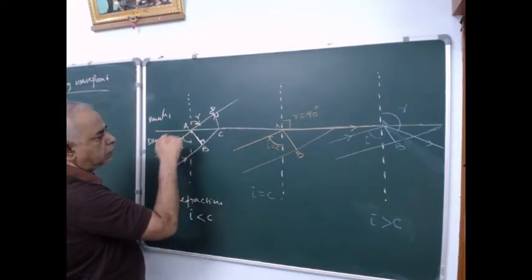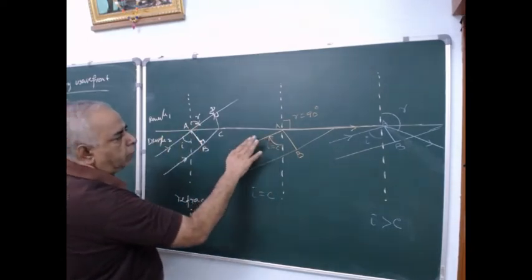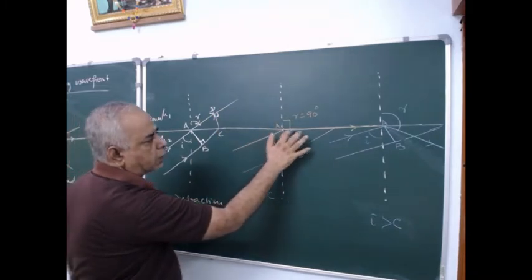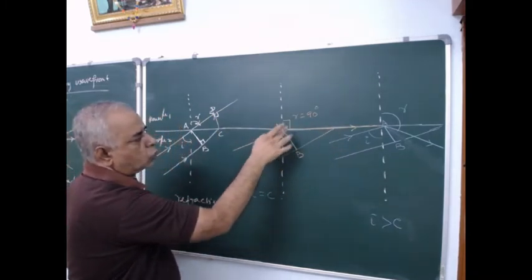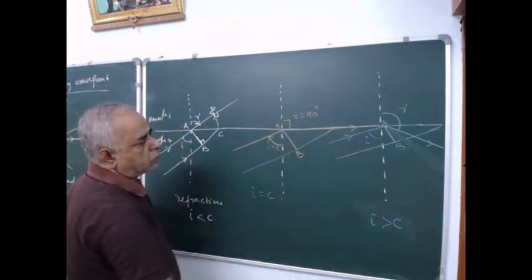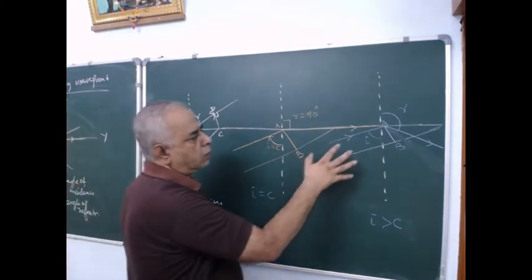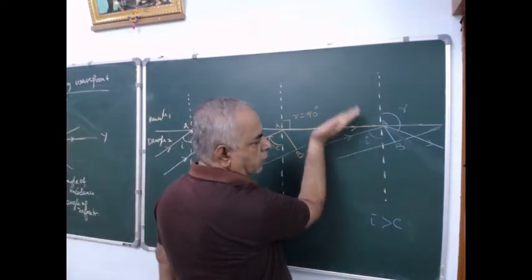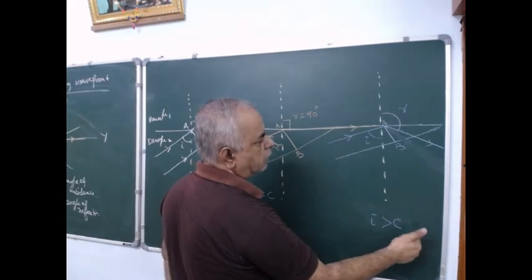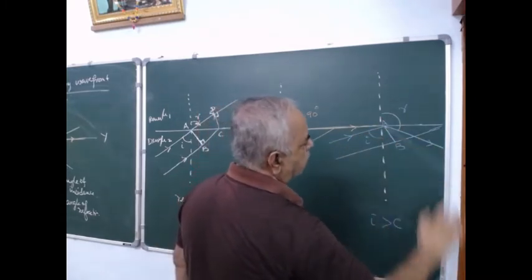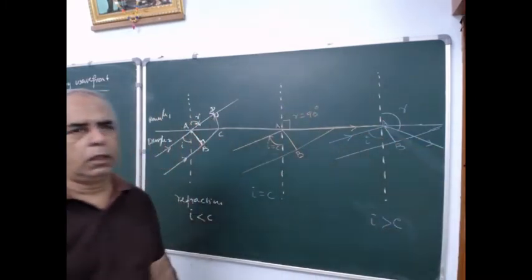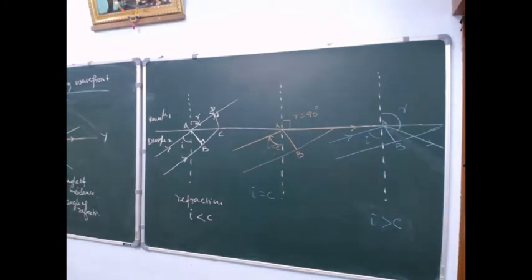And here, when it further increases, it touches the 90 degree. So at that point, I is equal to C. And here it further increases, that is exceeding C, so total internal reflection occurs. So you can show a little bit of a deviated line also.